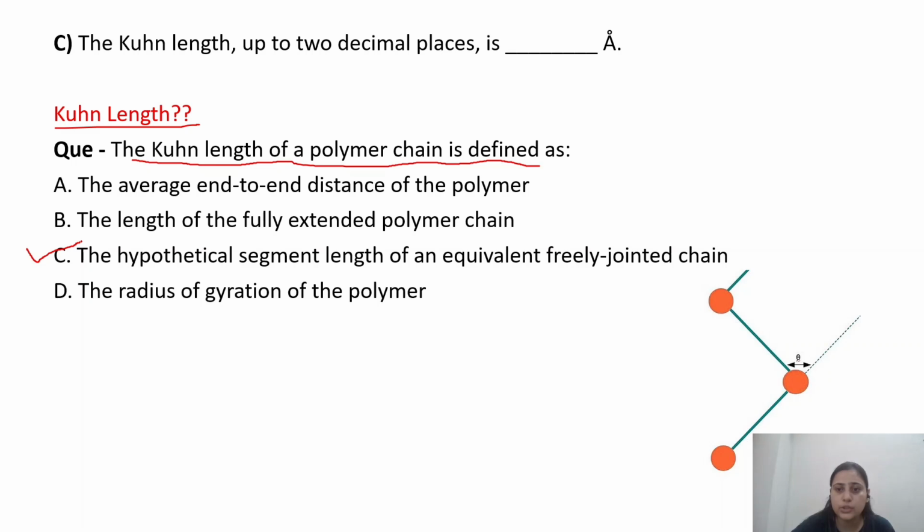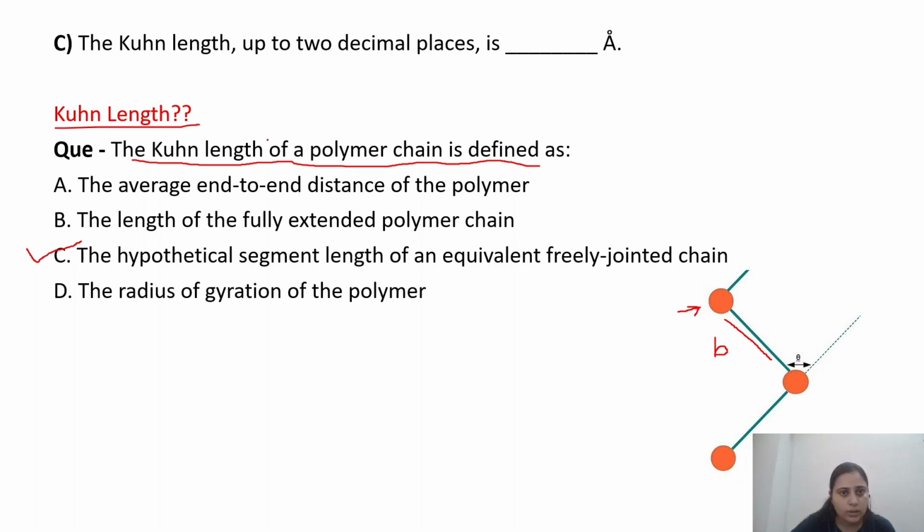It is considered for a real polymer chain, in which there are n segments connected by the Kuhn length. Each Kuhn segment can be thought of as being in the freely jointed model, freely jointed with each other and able to rotate randomly in any direction without the influence of any forces.